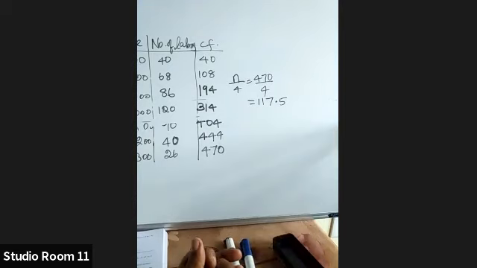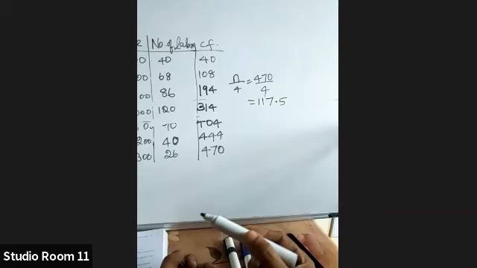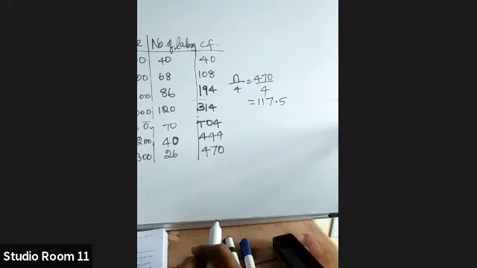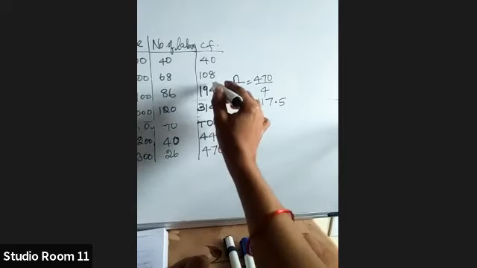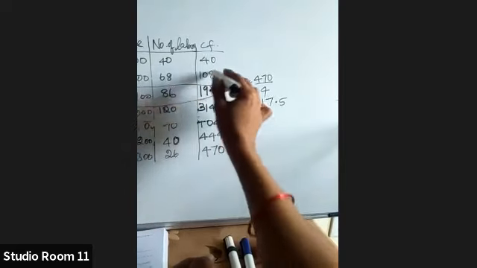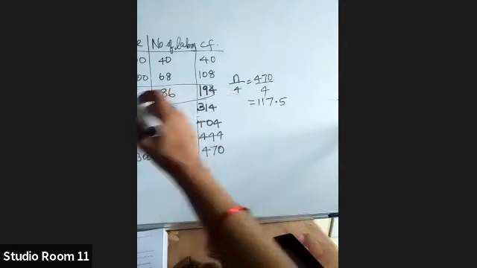Which is the lower quartile class? 800 to 900. Very good, children. Up to 108 you have here, so the class is 800 to 900.